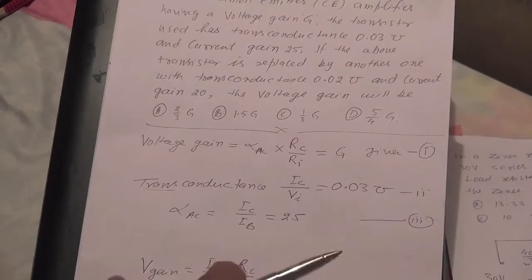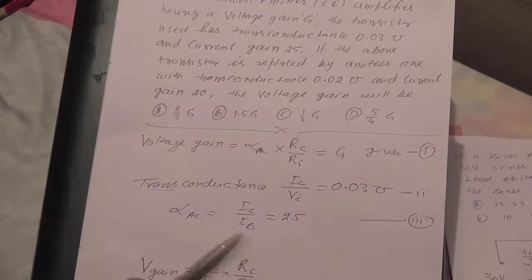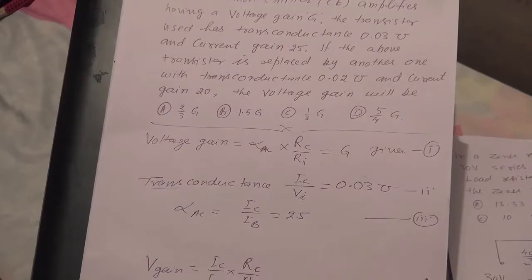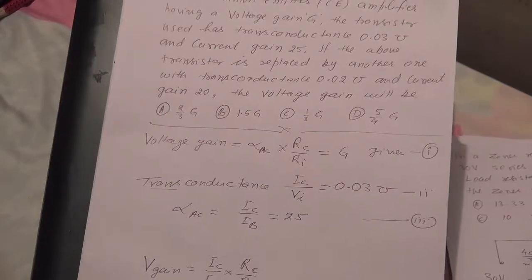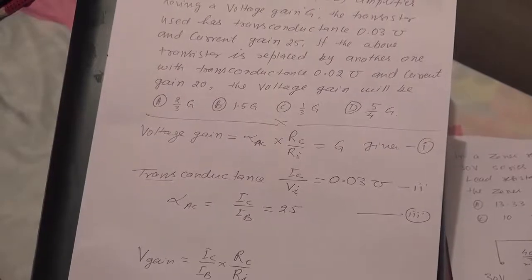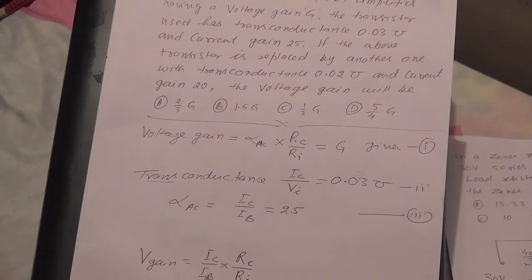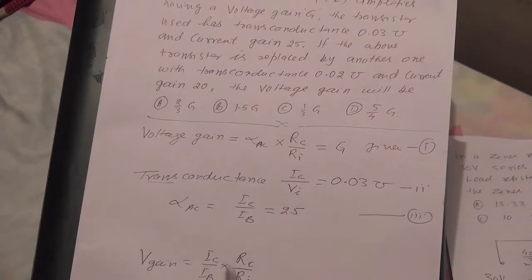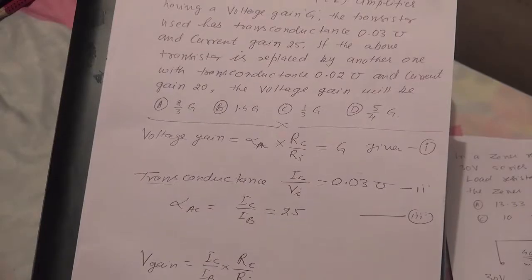ये हमारी रिक्वायरमेंट है. अब इस रिक्वायरमेंट में क्या क्या चीजें चेंज हो चुकी हैं? तो आंसर है जो एक चीज नहीं चेंज हुई है दैट इज RC. ट्रांजिस्टर हमने चेंज किया है. रेसिस्टेंस जो आउटपुट में लगाते हैं, जो लोड में लगाते हैं, वो रेसिस्टेंस हमने चेंज नहीं किया. ओके. तो IC अपॉन IB और RI ये वैल्यूज हमारी चेंज हो गई हैं.